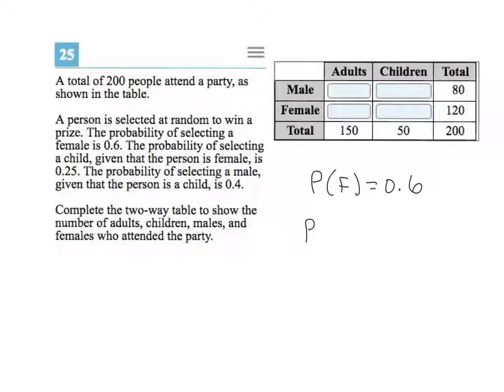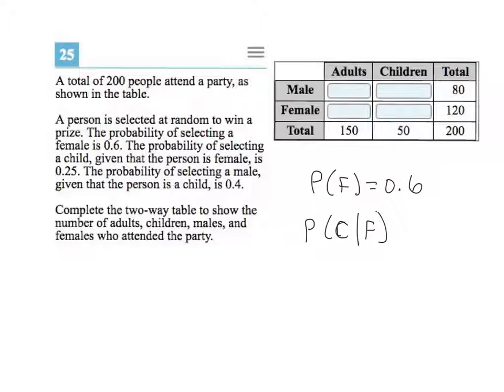The probability of selecting a child, given that the person is female, is 25%. So we're basically saying the probability that the person is a child given they're a female. So we already know this person's female.